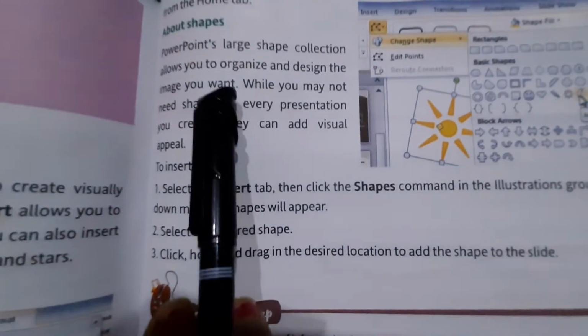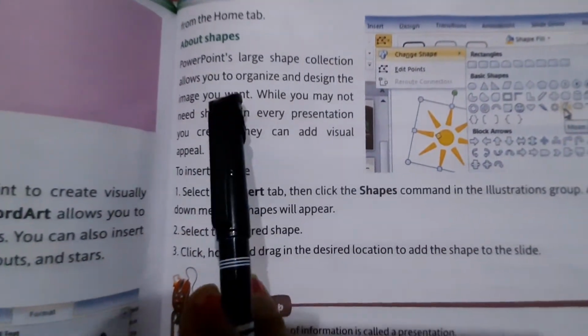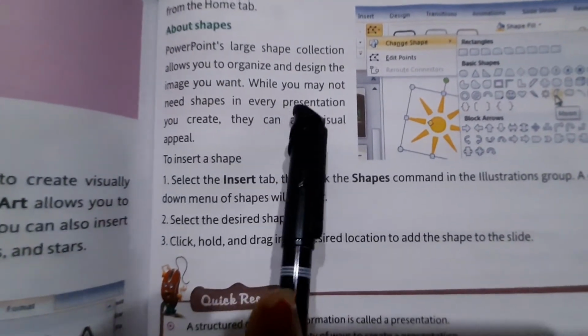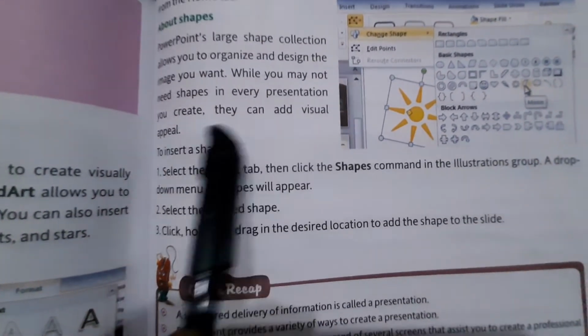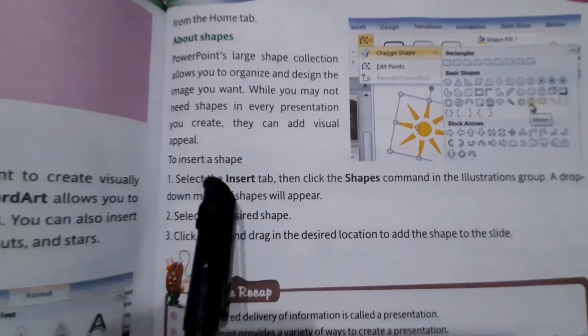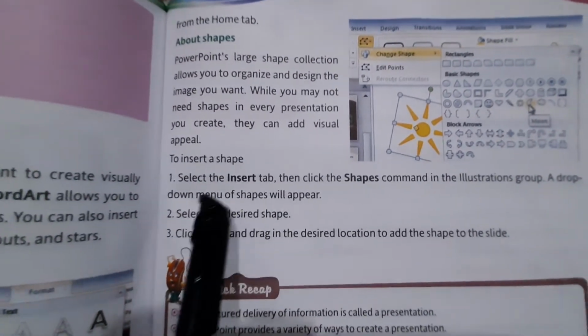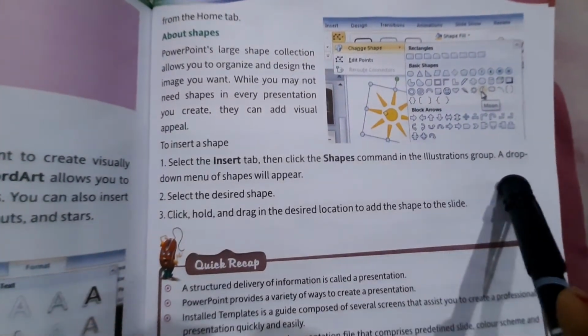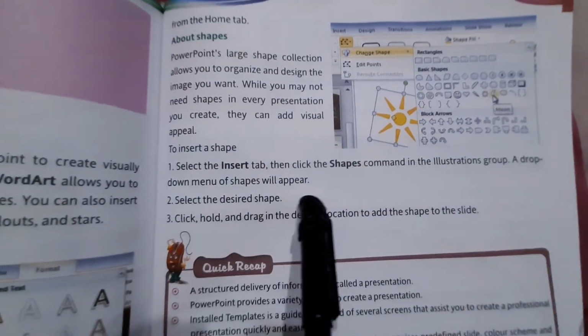Now, PowerPoint's large shape collection allows you to organize and design the image you want. While you may not need shapes in every presentation you create, they can add visual appeal. To insert a shape, select the Insert tab, then click the Shapes command in the Illustrations group. A drop-down menu of shapes will appear.